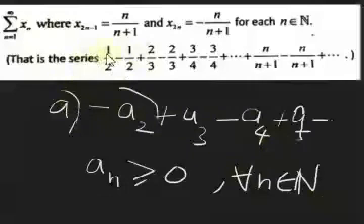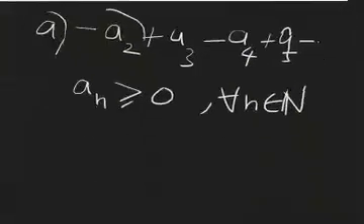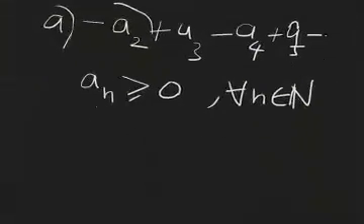Now if you want to check whether this alternating series is convergent or divergent, you have to check two conditions.